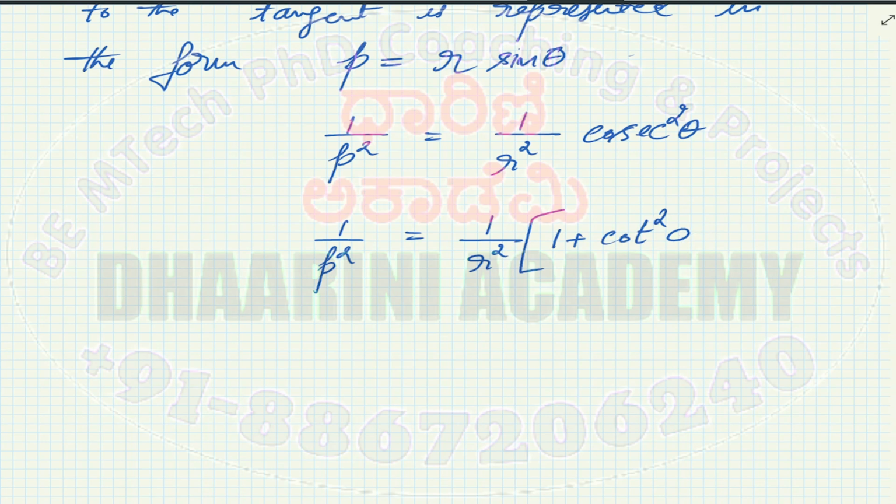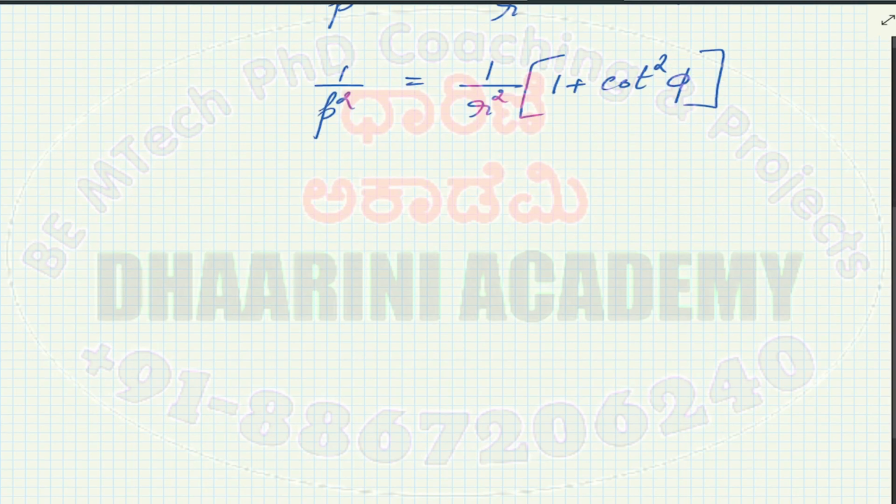Okay, so this should be phi. Sorry, my mistake, I wrote theta earlier. Let me correct; this has to be phi. So we know what phi stands for, it's the angle phi which we are supposed to use here. Any of these three formats you can use to get the pedal form or pedal equation of any given curve.